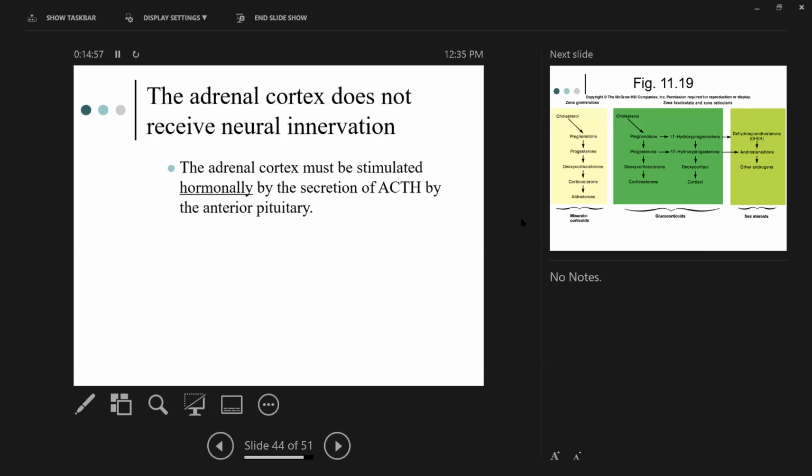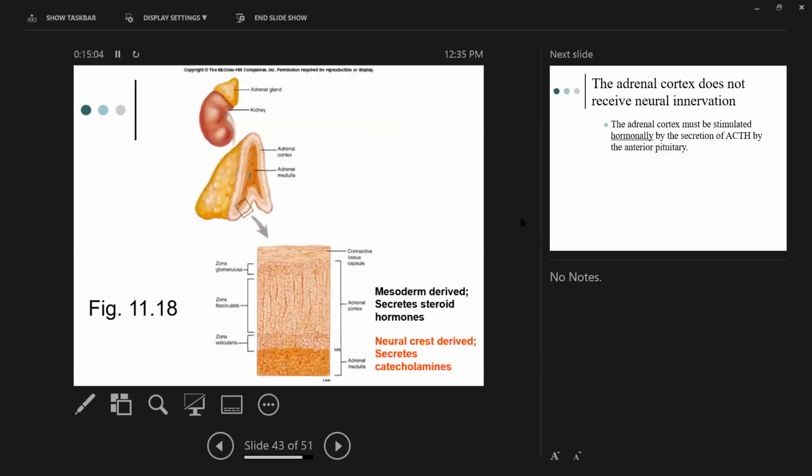Now, let's think about this from a clinical perspective, because this is actually kind of interesting. If we have a tumor here, and it's giving us too much of these adrenal hormones, how do you distinguish between a tumor in the pituitary and a tumor in the adrenal gland?